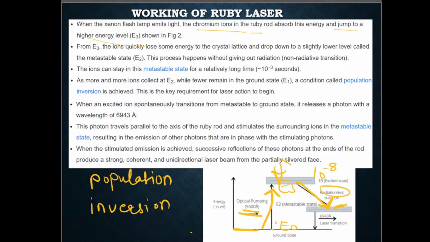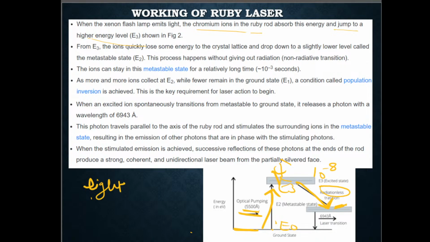And that emission is nothing but the radiationless emission. Radiationless means only energy will be decreased, but no light or photon will come out. That is the radiationless transition.